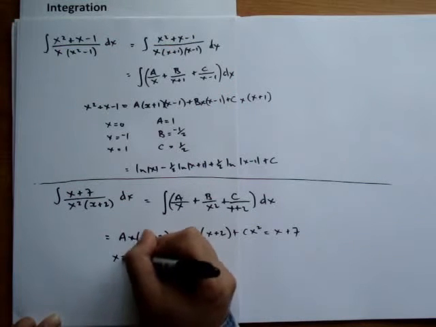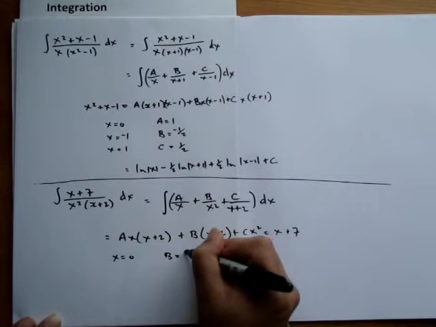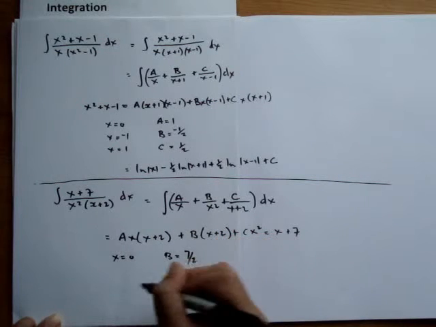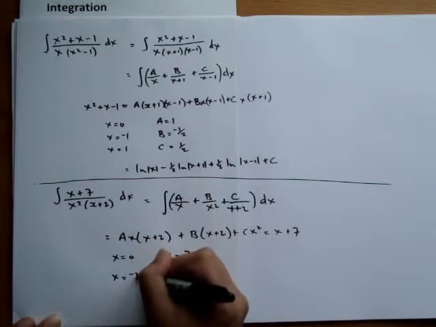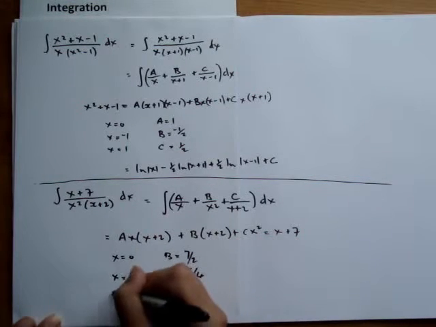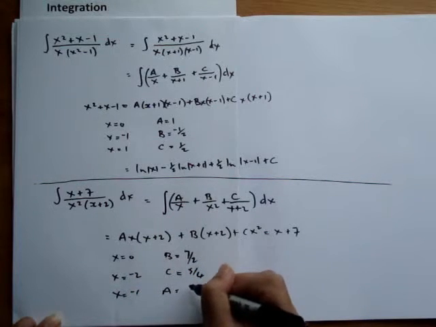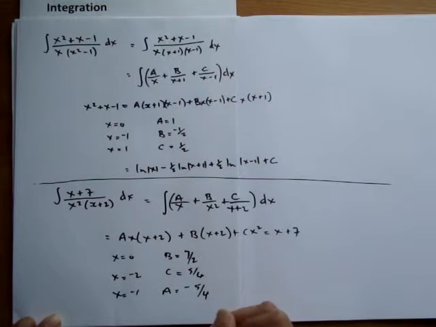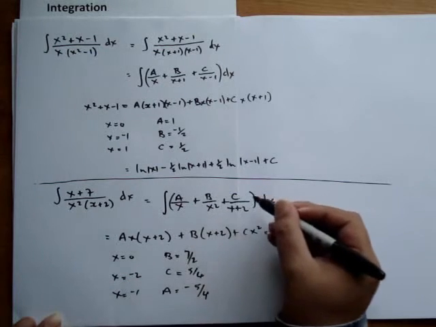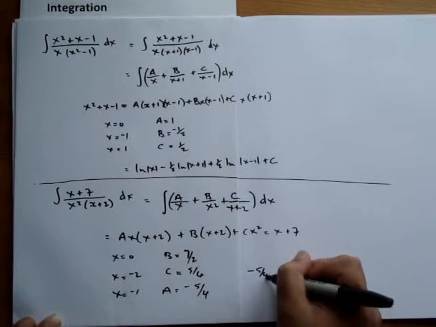When we put in x equals 0, we get b is 7 over 2. x equals minus 2, we get c equals 5 over 4. x equals minus 1, a equals minus 5 over 4.